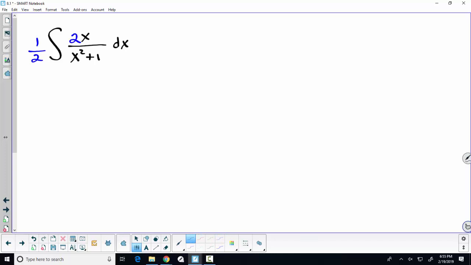If you remember, let's start off with the derivative of the natural log of u, where u is a function of x. It's 1 over u of x times the derivative of u of x, right?